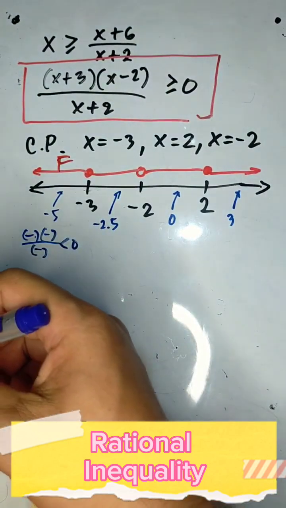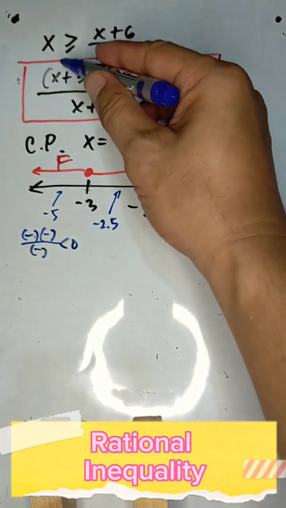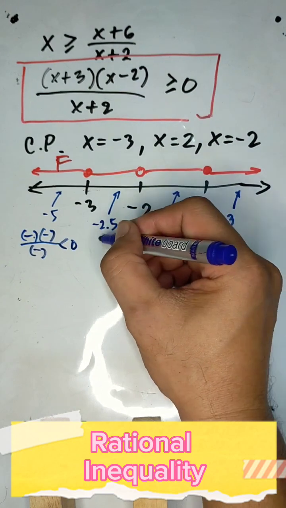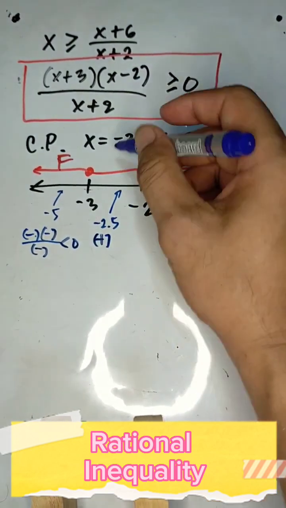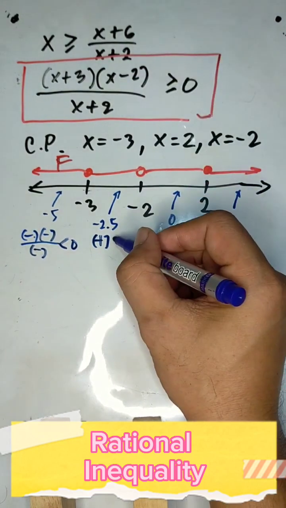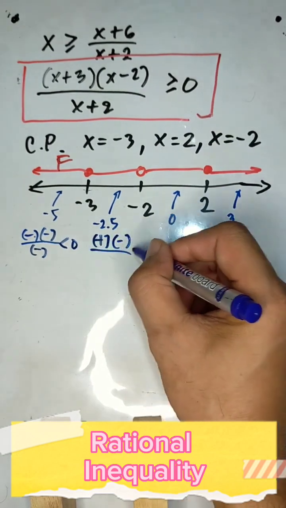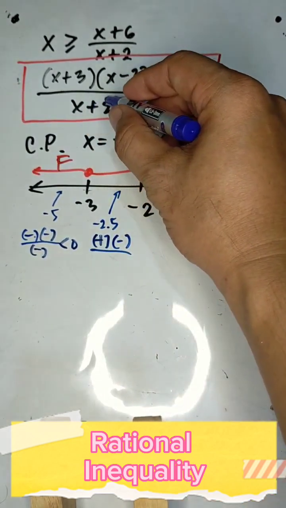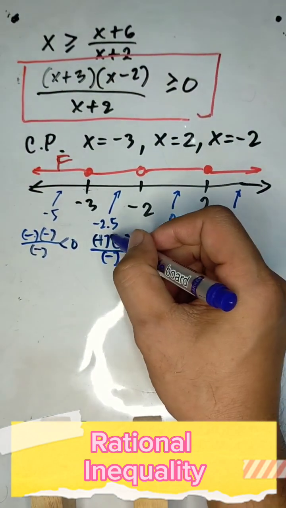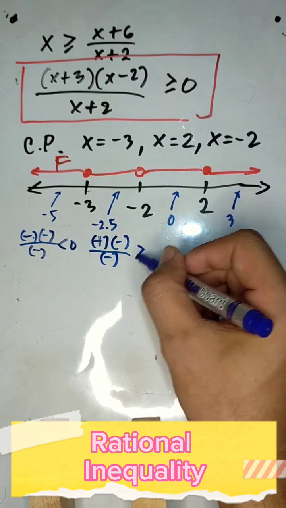Next, if we have negative 2.5, that's negative 2.5 plus 3, which gives us positive 0.5. Negative 2.5 minus 2 gives us negative 4.5. Negative 2.5 plus 2, the negative is bigger, so that gives us negative. So positive times negative is negative, and divided by negative gives us positive.